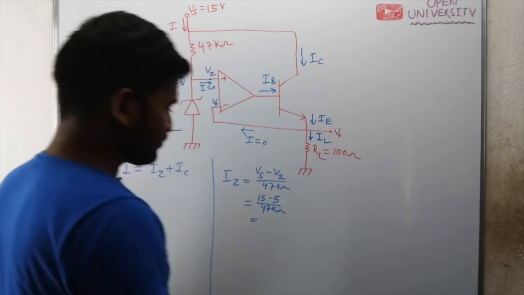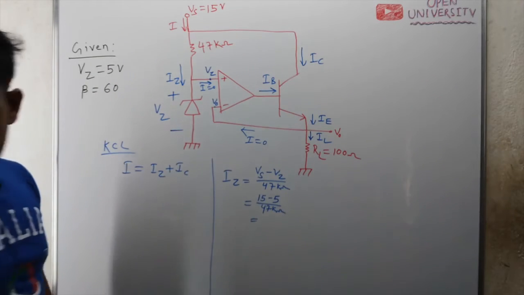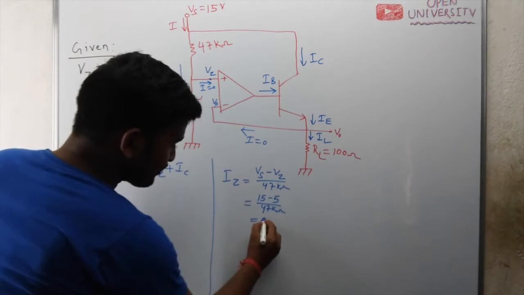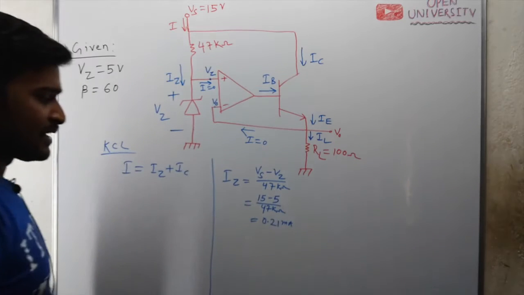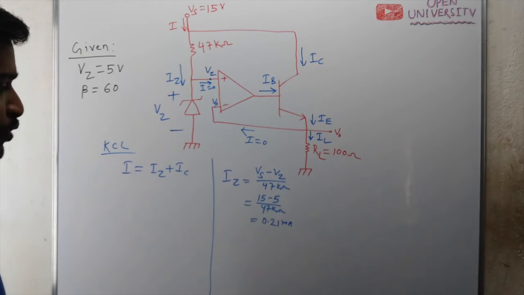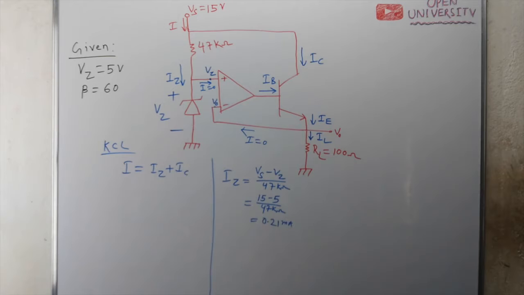If you substitute these values, the answer will be 0.21 milliampere. Iz value is 0.21 milliampere. Then I require the Ic value.